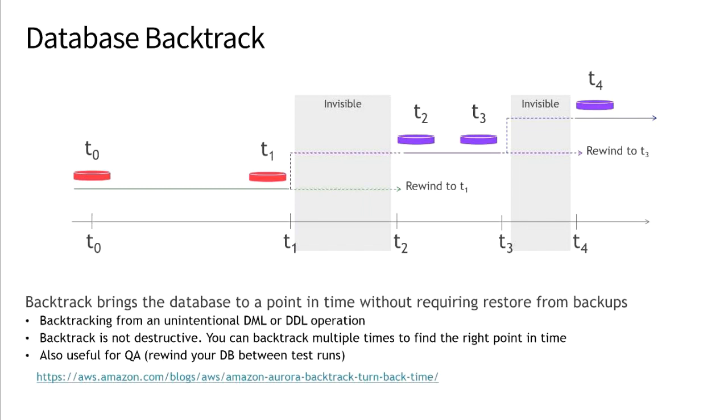It's also probably recommended to shut down your application while you're doing that, so that you don't write additional data which you might lose. Second case would be in a development and test scenario where you want to rewind your database to a previous state between test runs. So if I have a test that I'm running, it's using my database.